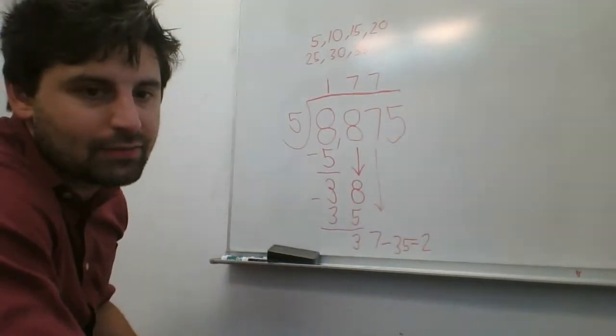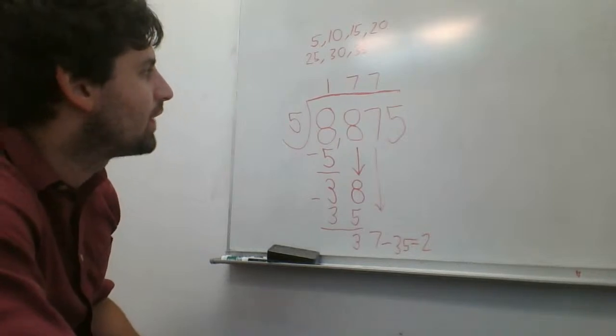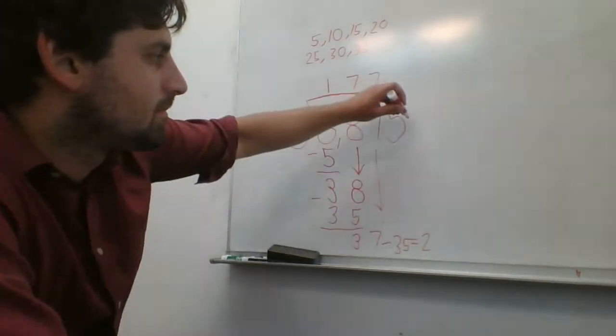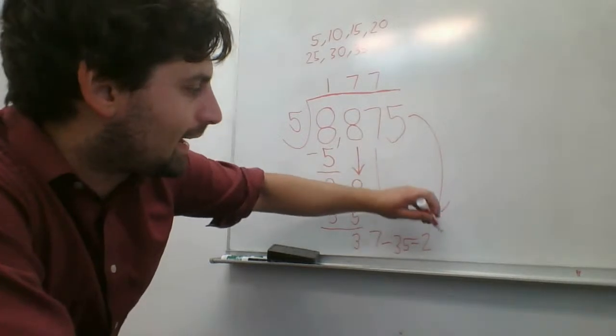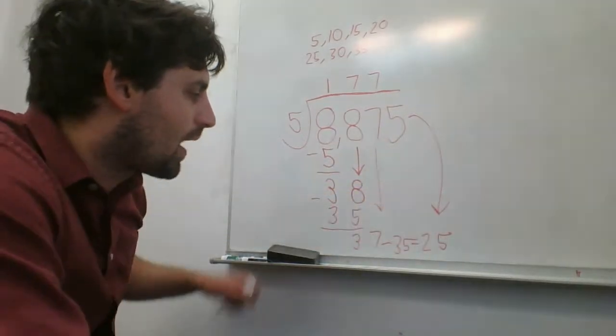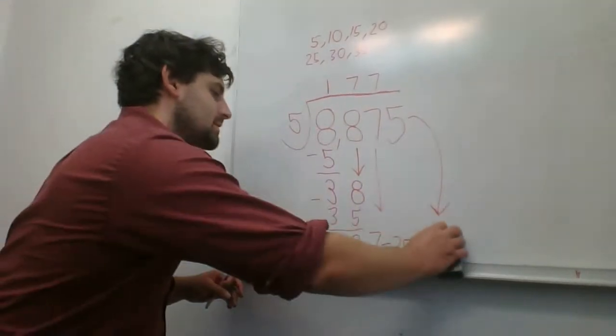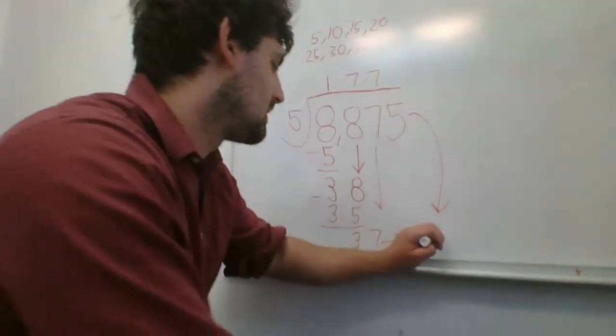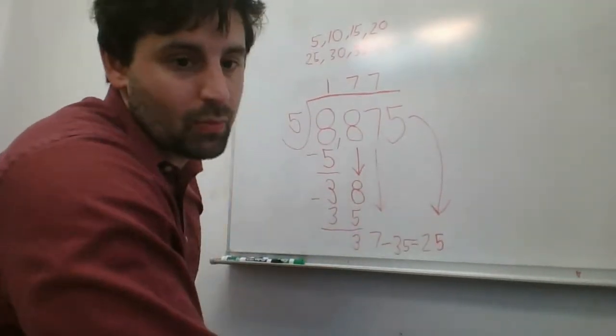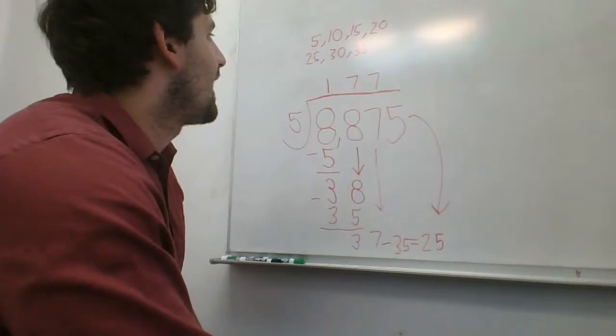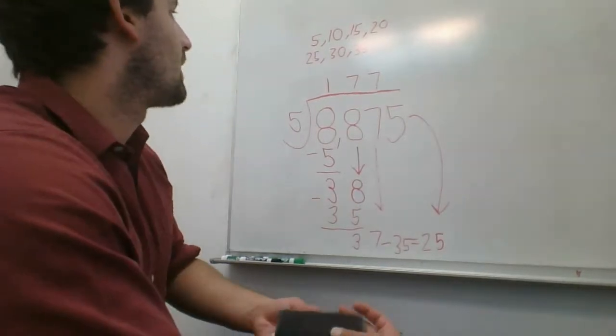Now the final thing I have to do, bring down the 5. Looking back on it, I should have drawn the problem so there was a little more room. But we improvise. All right, 25. So I got to figure out how many groups of 5 go into 25.